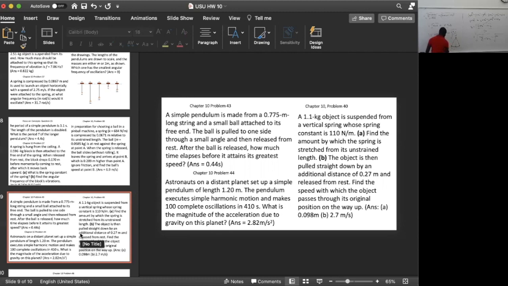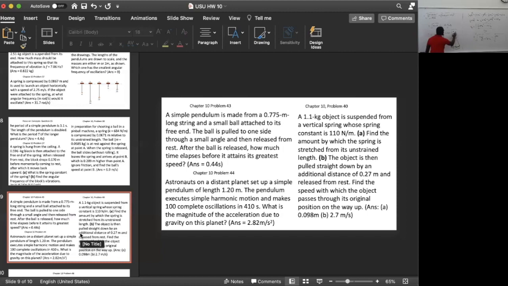So it does that 4 times, and I have to divide the period by 4 to get when it first has its maximum speed. Sorry, where did I see 1.2?